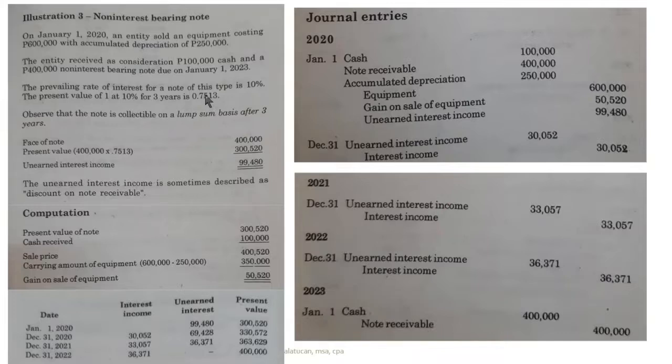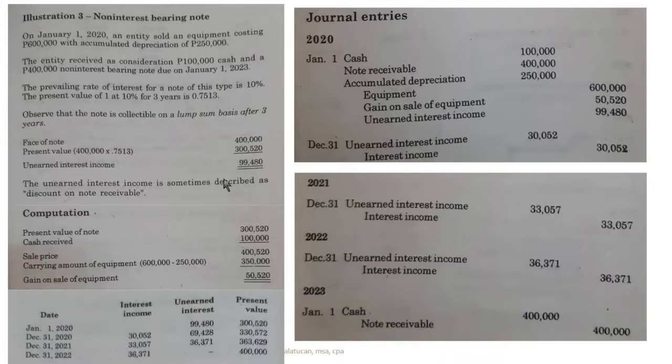Again, as I explained earlier, if it is a lump sum, you multiply the present value of 1 by the principal, the lump sum, 400,000. Because in the previous problem, that was an installment. If it's an installment, you add the 100,000 each year. So multiply 400,000 times 0.7513, you will get 300,520. Okay?